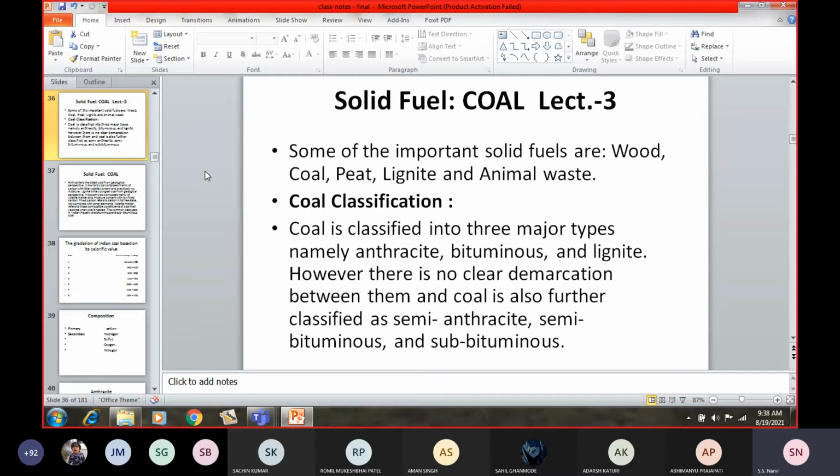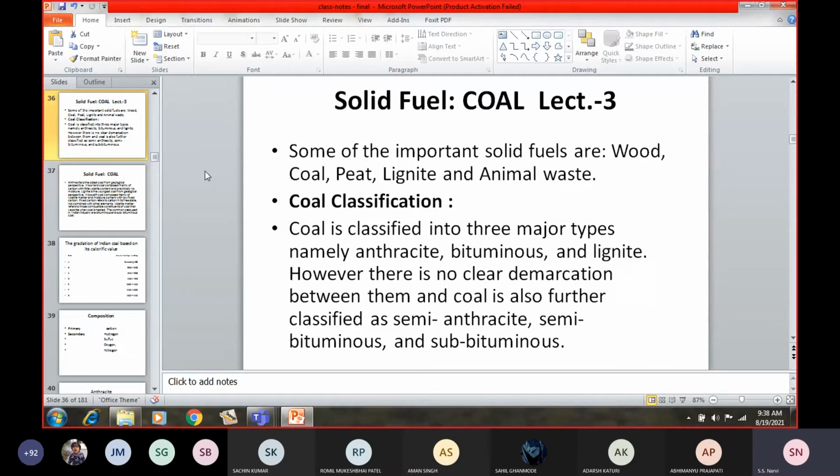First of all, more water is added to the wood, isn't it? The logs of wood absorb water and the decay process starts. The first stage of coal formation is known as peat formation.